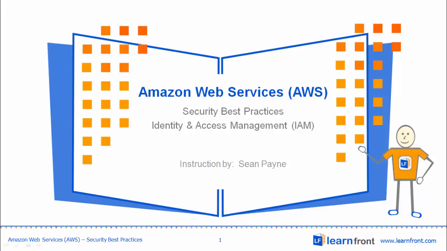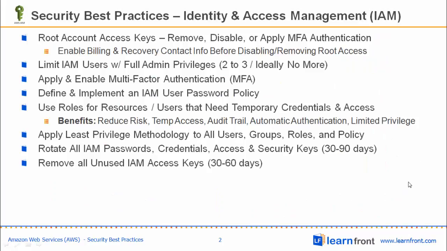In this lesson, we're going to talk about Amazon Web Services security best practices as it relates to identity and access management, also known as IAM. So recall, IAM is effectively like your Active Directory service in the cloud.